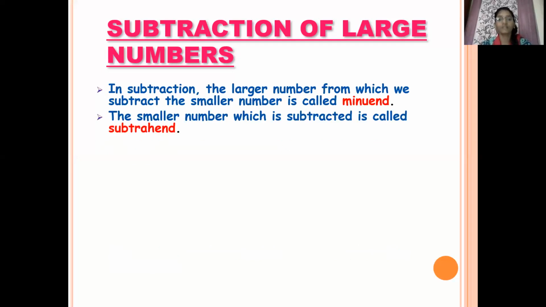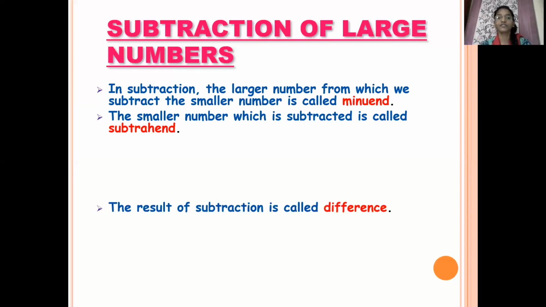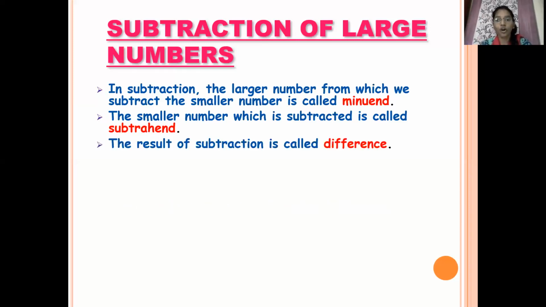What is subtrahend? The smaller number which is subtracted is called subtrahend. That means the number to be subtracted from another number is called subtrahend. And the third term is difference. The result of subtraction is called difference.